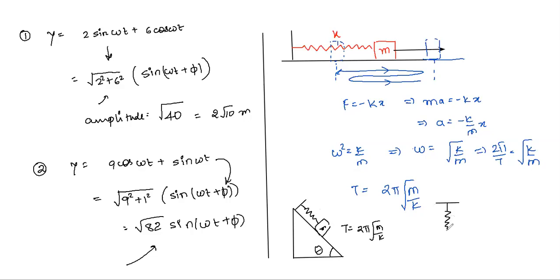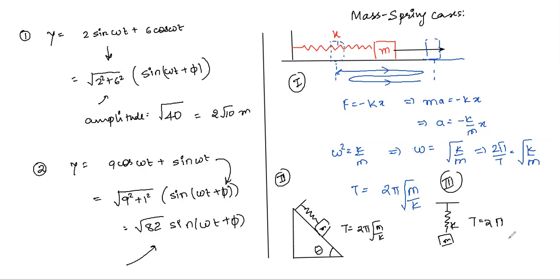So class, whether you have a spring mass arrangement of this sort, or horizontal or vertical, in all the three cases, see here, we have different spring mass cases. In each of these cases, the time period is given by 2 pi under root of m by k.